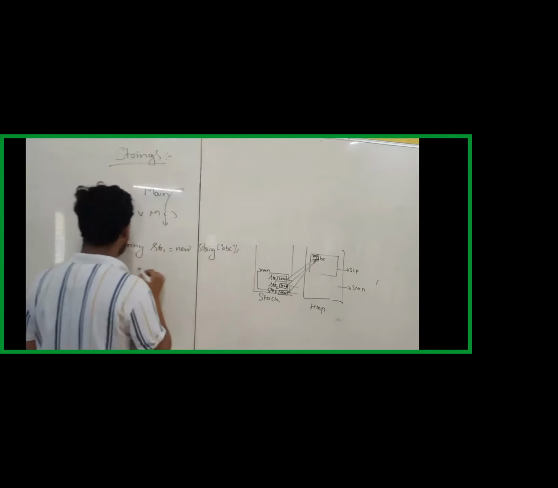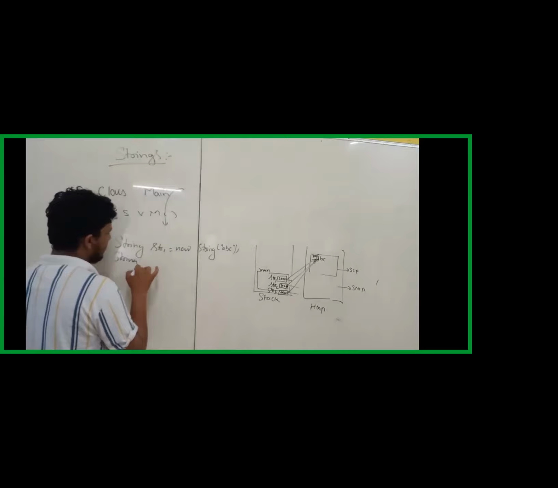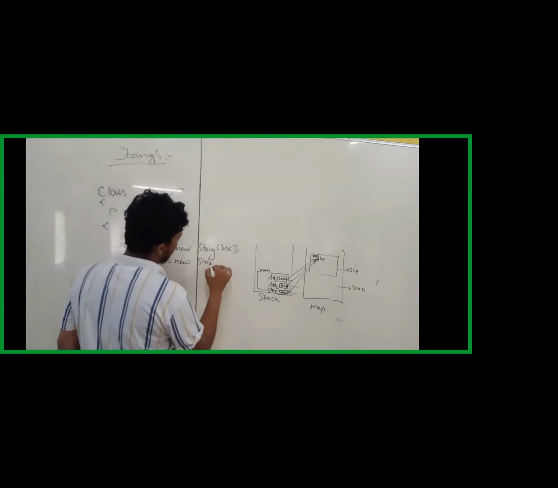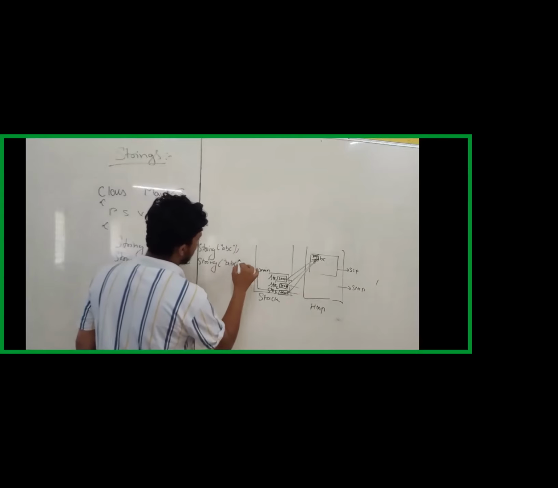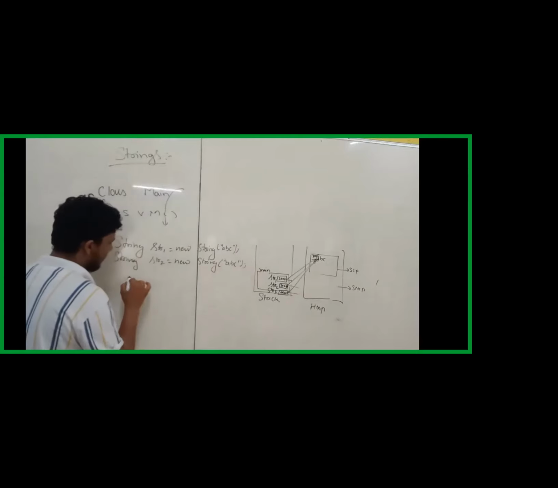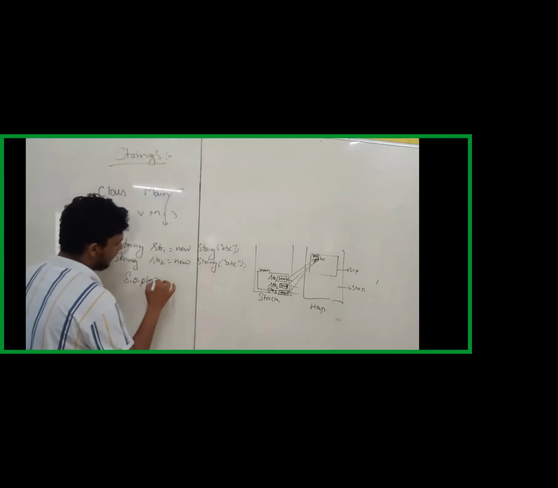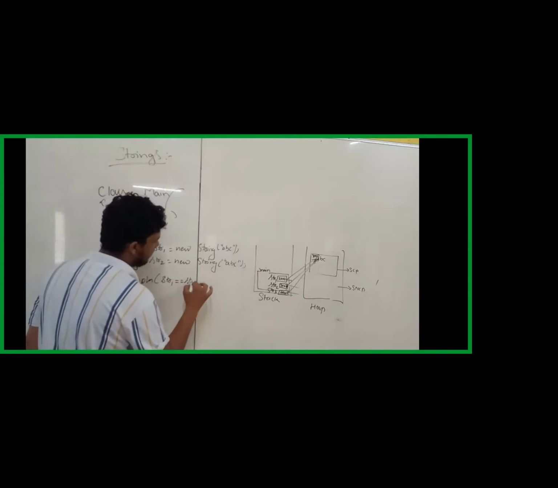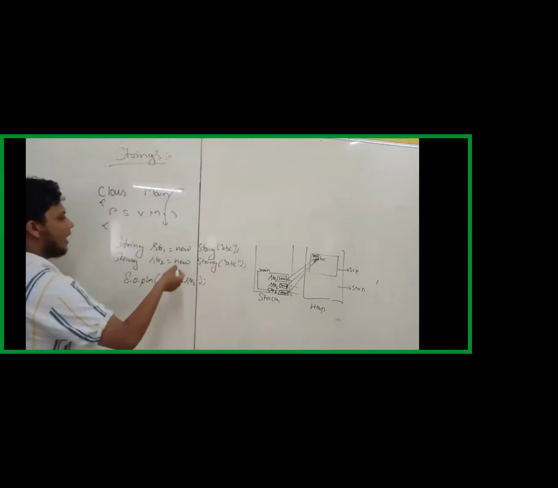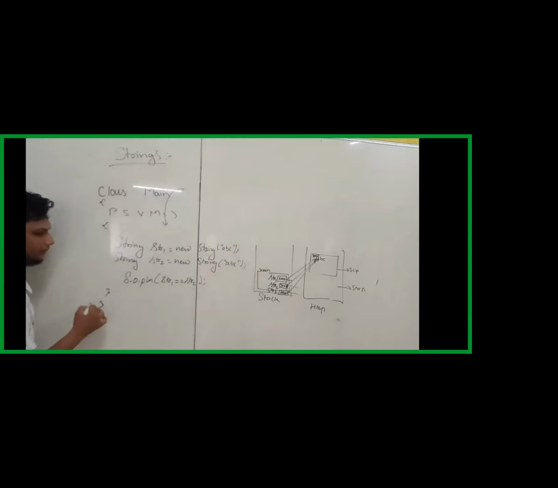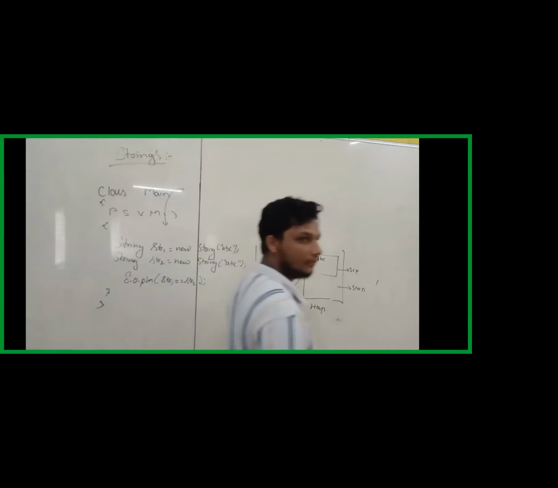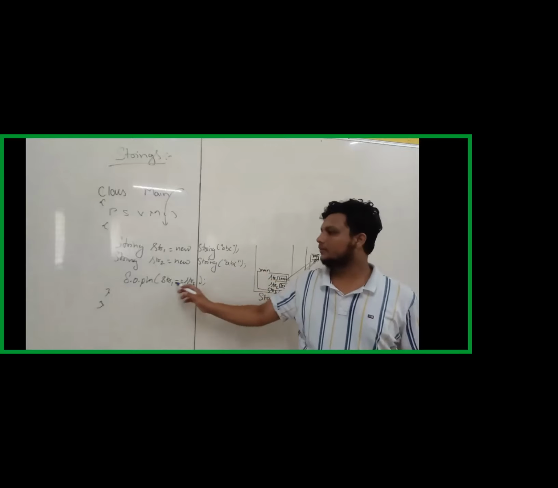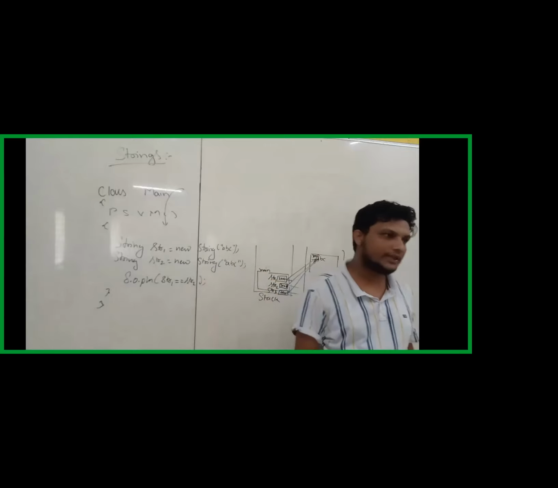String str2 is equal to new String of again abc. System.out.println of str1 equal to equal to str2. Now tell me, are str1 and str2 both the same? Here abc is there, here also abc is there. I am asking whether str1 is equal to str2, both are the same.